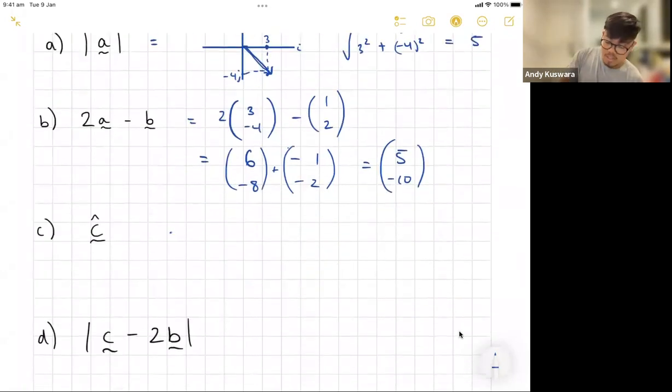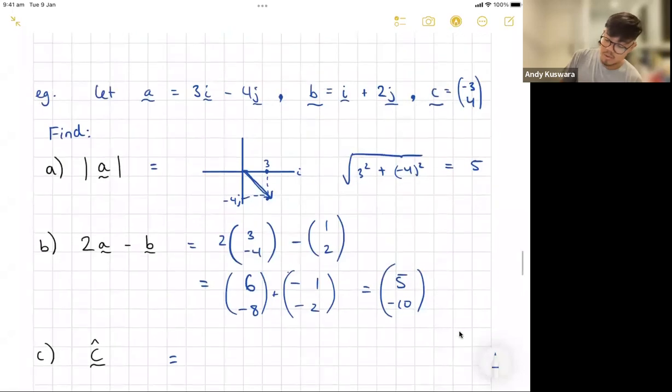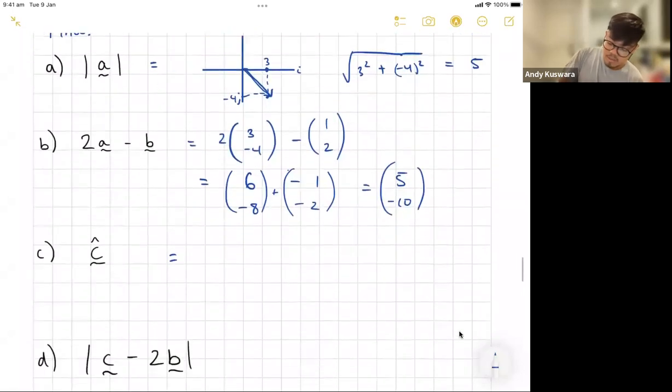Let's find the unit vector of C. So again, C is negative 3i plus 4j. So in other words, it's going to be negative 3i plus 4j, and I'm going to divide it by its length. So it's going to be the length of negative 3i plus 4j.